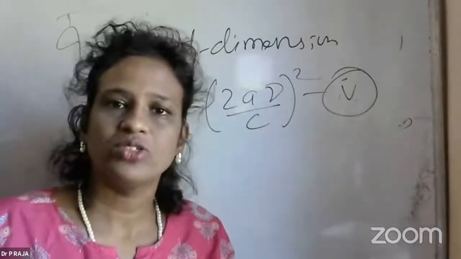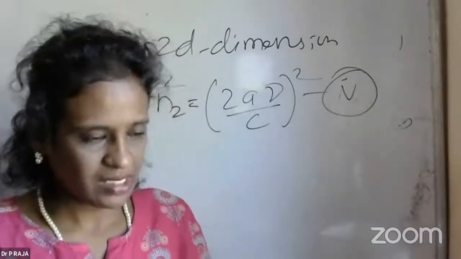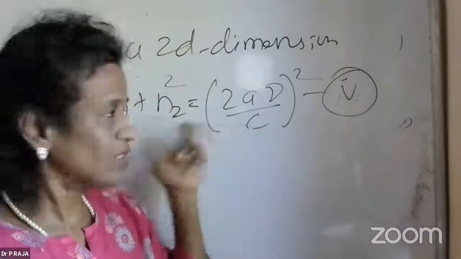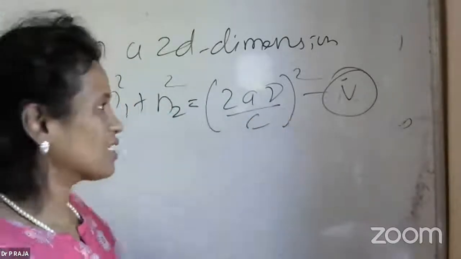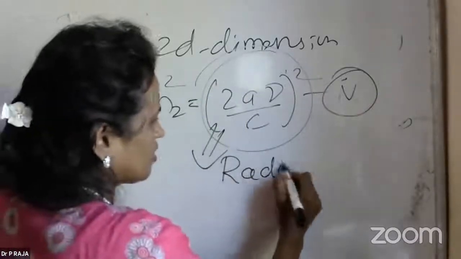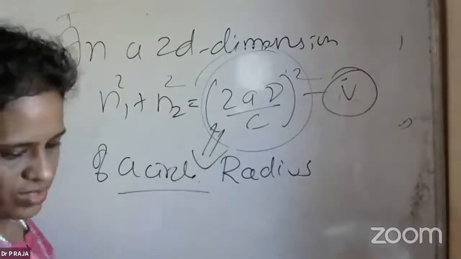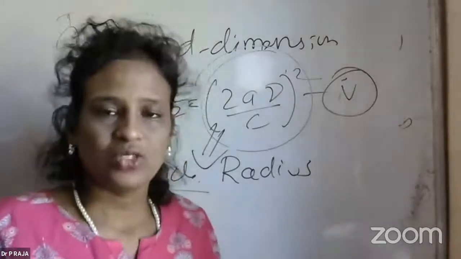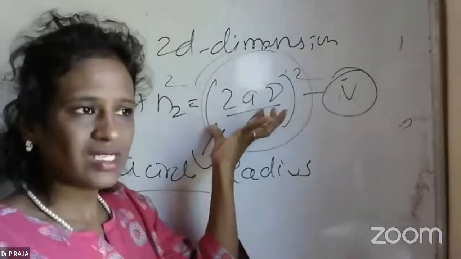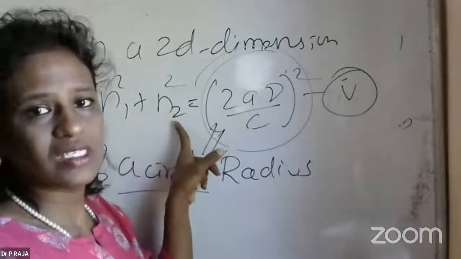Now we are going to take a circle and represent the x-axis and y-axis. This equation represents a circle of a given radius, in two dimensions. Imagine that you have a circle with x as n1 and y as n2.